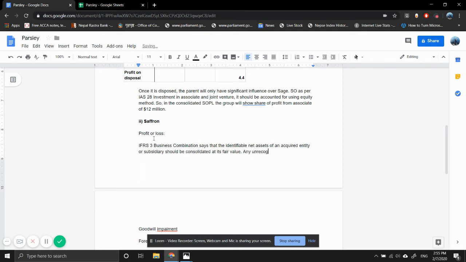Any unrecognized intangible assets in the individual statements must also be consolidated at fair value.